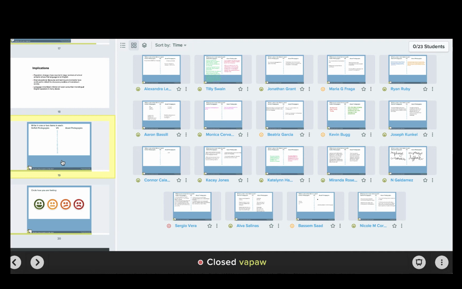Asset pedagogies is thinking about, well, how could I have allowed Moises to participate during this time? Like I said before, having a bilingual buddy, inviting Moises to say how he got his answer in Spanish and then having someone interpret that for him. Right? Those are just examples of asset pedagogies.